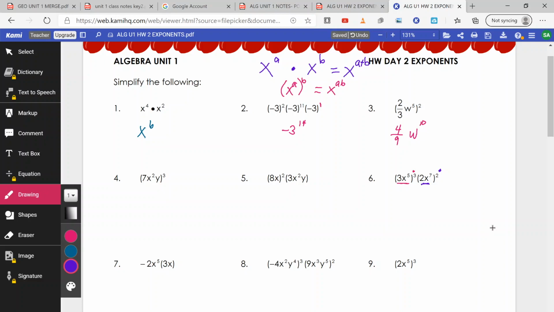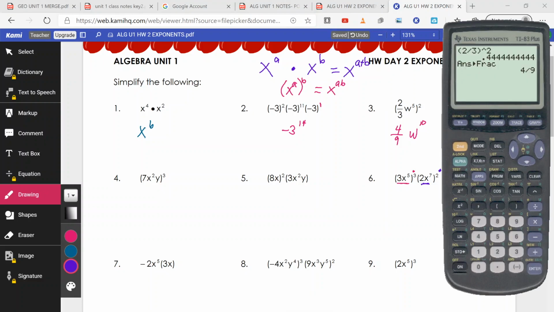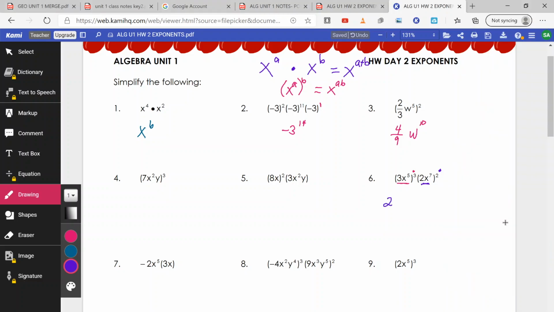So which format do we use? Well, it's set up like our second possible solving method, power to a power. So whatever's inside parentheses gets raised to the appropriate power. So 3 to the third here gives me 27. X to the fifth being raised to the third, power to power, I multiply.